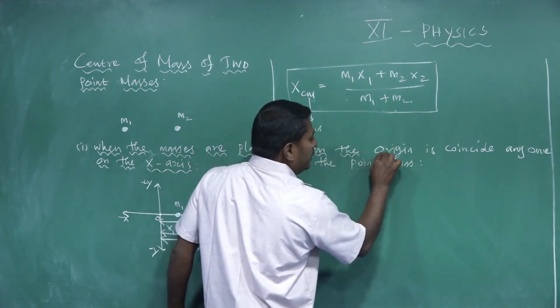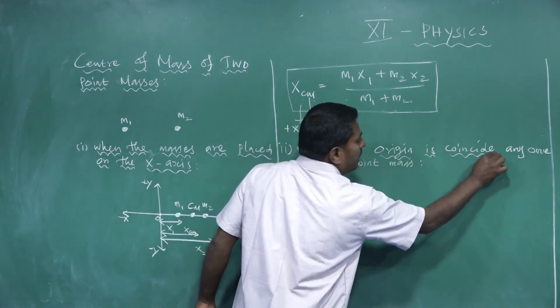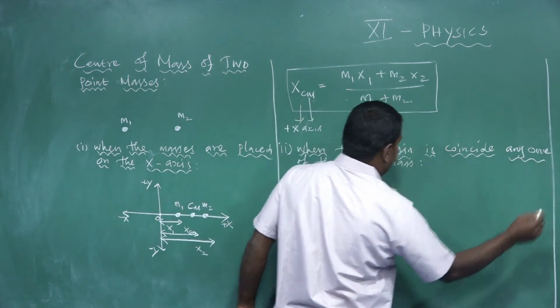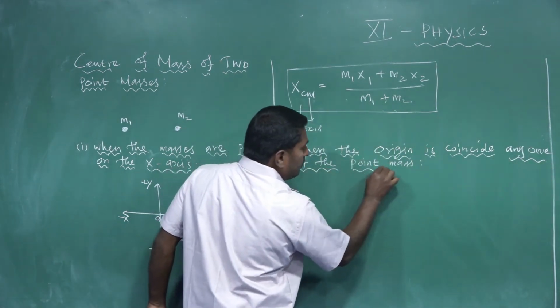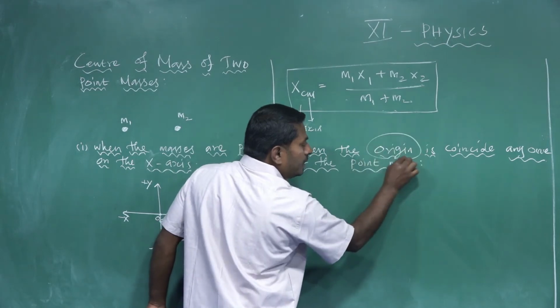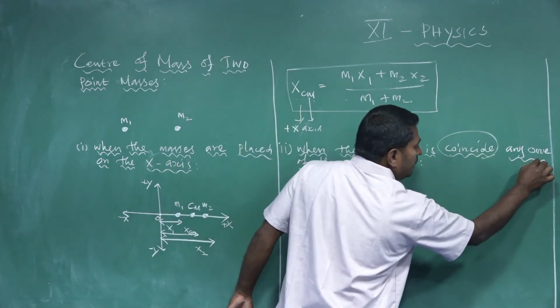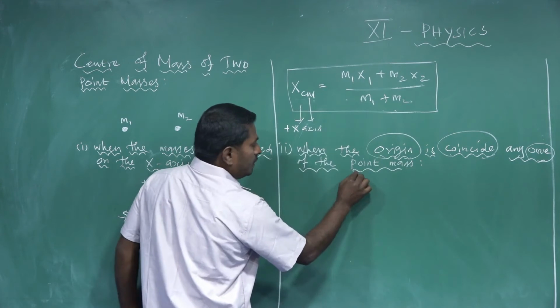This is the second way to determine the center of mass of the 2-point masses of the system.